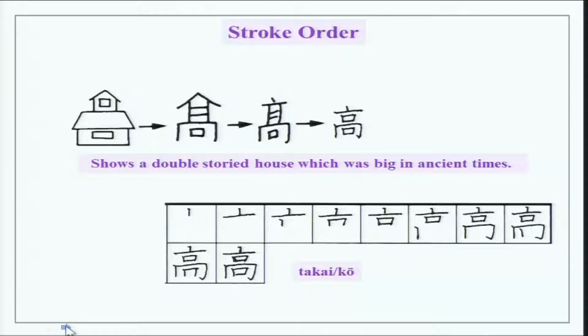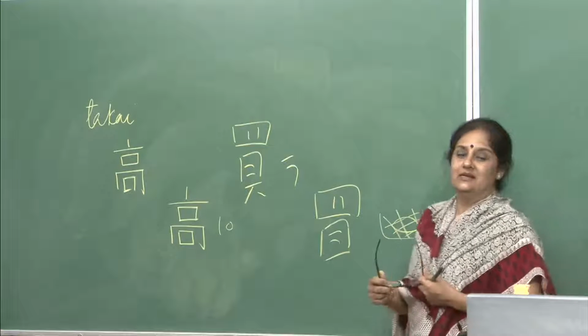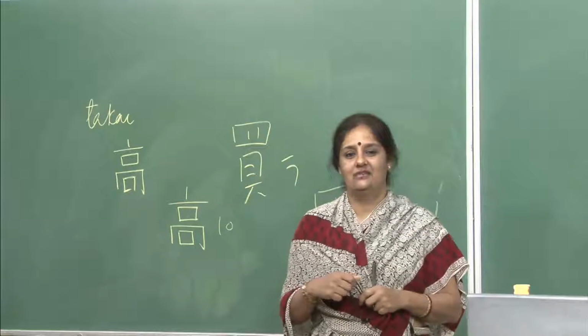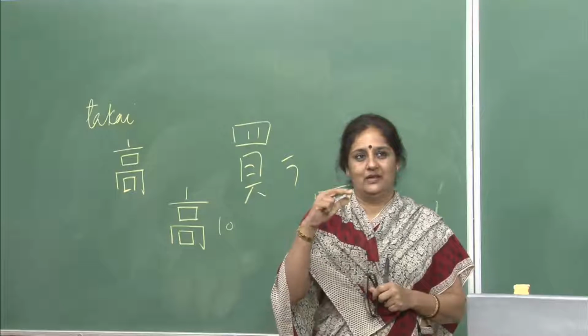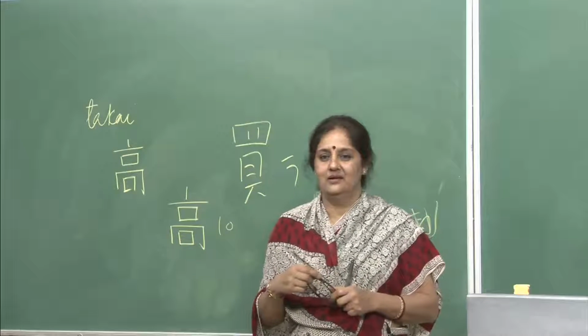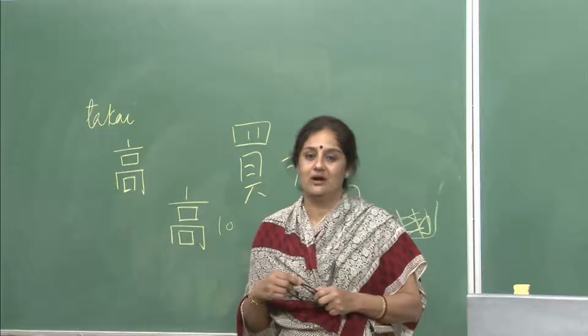Then we have takai, and you can see from the house here how takai has come into being. Well, in olden times, generally huts were there, and anybody having a room on top of the house would be considered a big house.